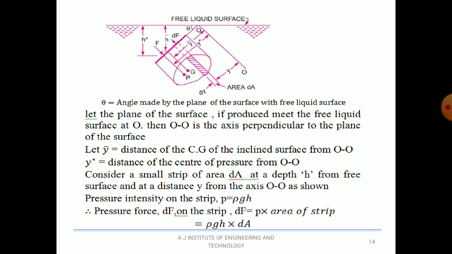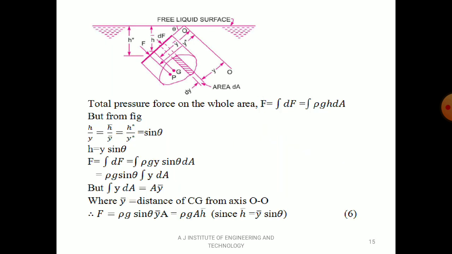Therefore pressure force dF equals p into the area of the strip, so rho g h into dA. The total pressure force on the whole area can be obtained by integrating: F equals integration of dF, that is integration of rho g h dA.